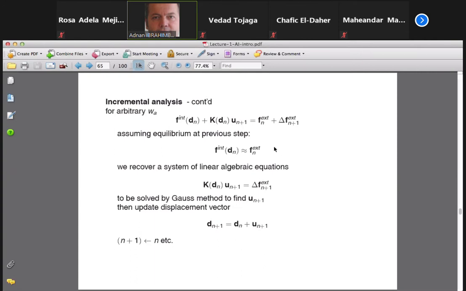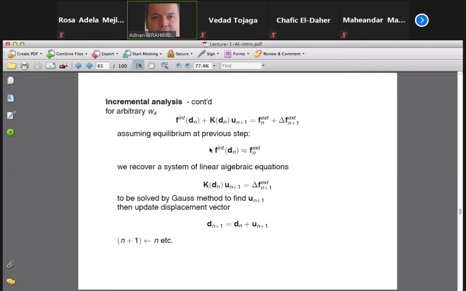So, okay, what would incremental analysis achieve? You linearize internal forces. That comes down to saying this is the value of the internal force at time t n, plus the tangent stiffness at time t n times the incremental displacement u n plus 1, equal to the external force at time t n plus the increment at n plus 1.